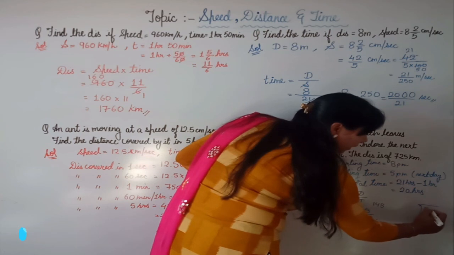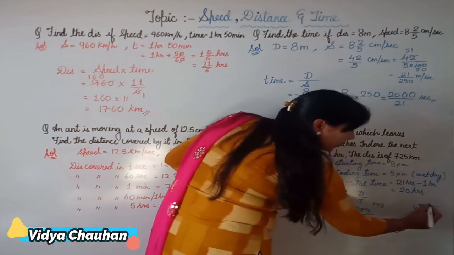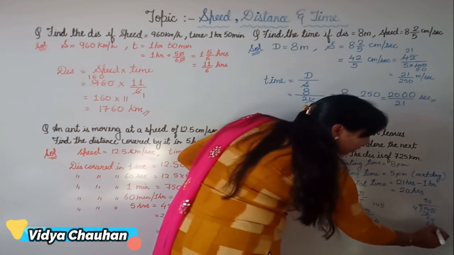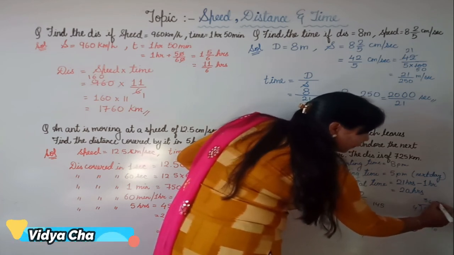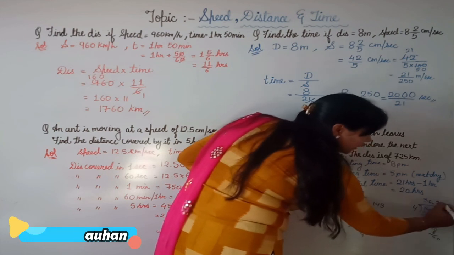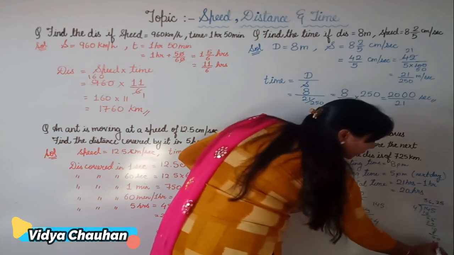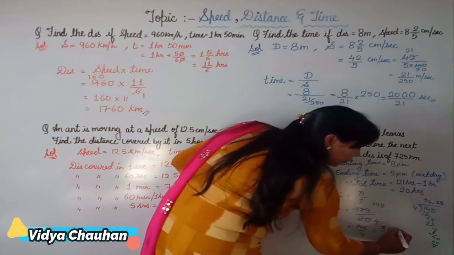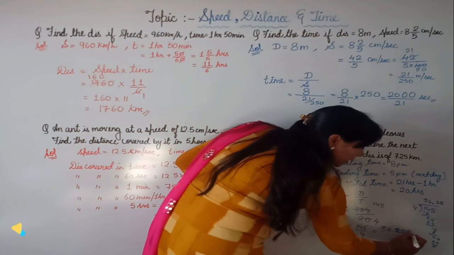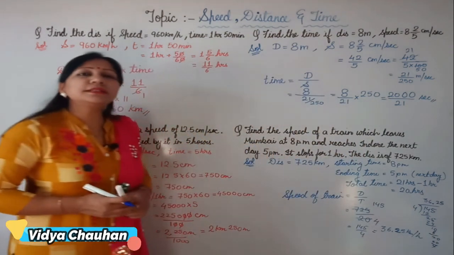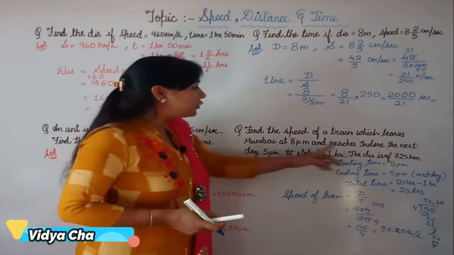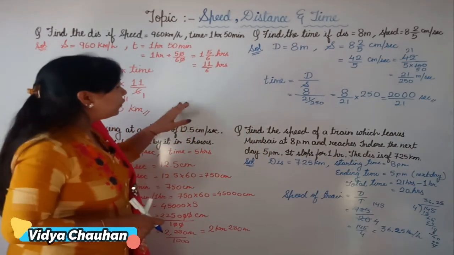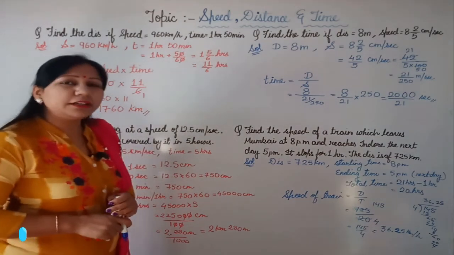If you want to divide it further, you'll get the value in decimals. 4 3s are 12, 25, 4 6s are 24, 1 0, decimal is here, 4 2s are 8, 2 and a 0, 4 5s are 20. So how much is the speed of the train? The speed of the train is 36.25 kilometers per hour. So this is the speed of the train from Mumbai to Indore, 36.25 kilometers per hour.